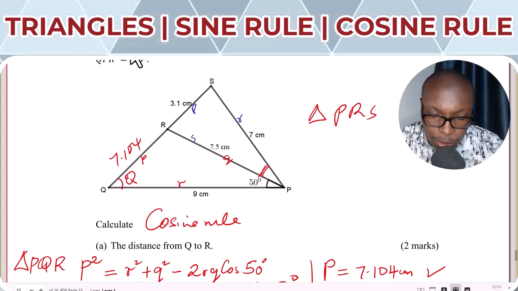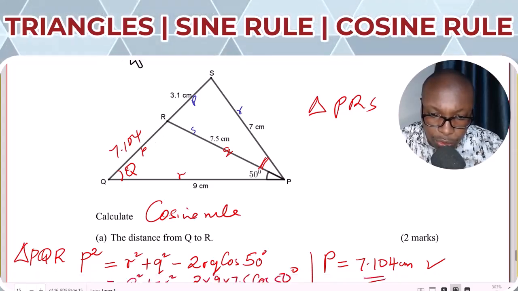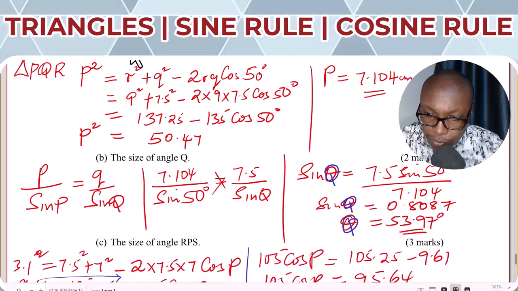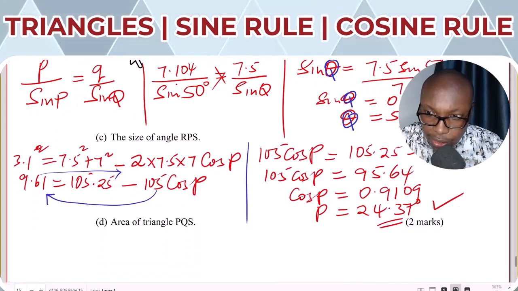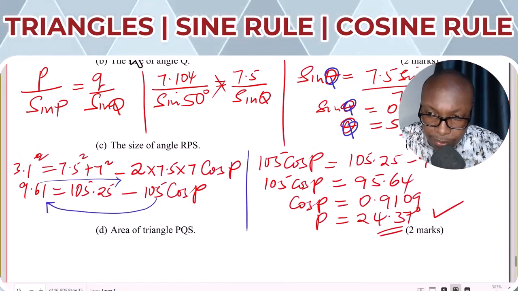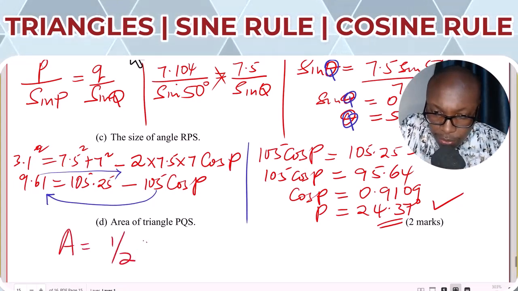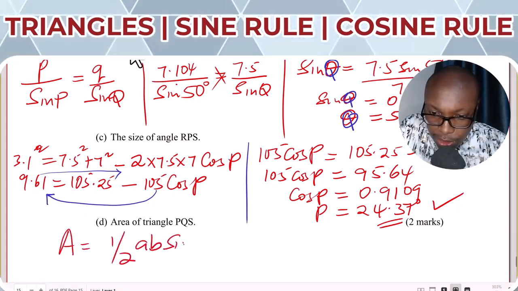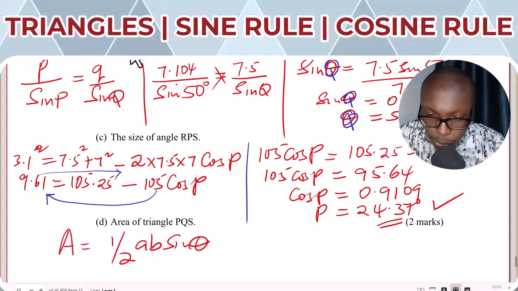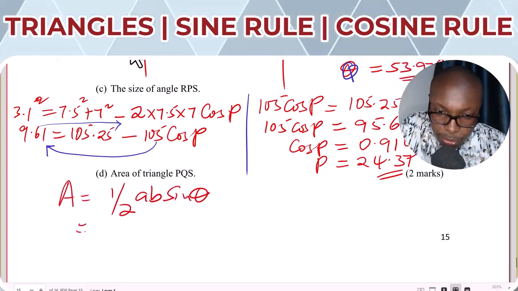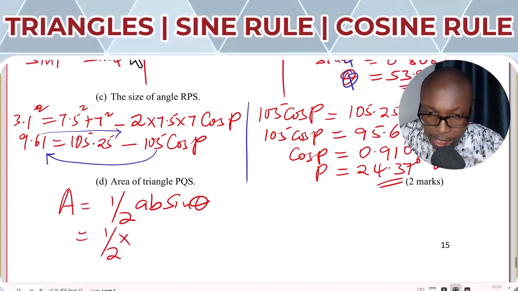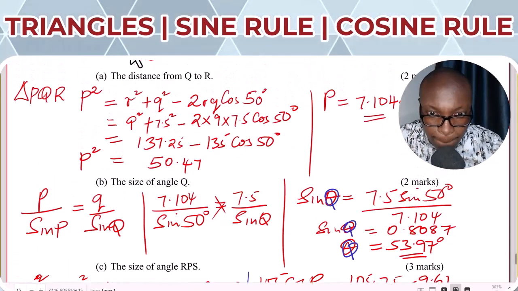So I'll use the angle at Q, because we already have the angle at Q. The angle at Q is given, it is 53.97. So I can use this formula: area is equal to a half times ab sine theta. So ab is the two included sides, and this will be a half times the two given sides.